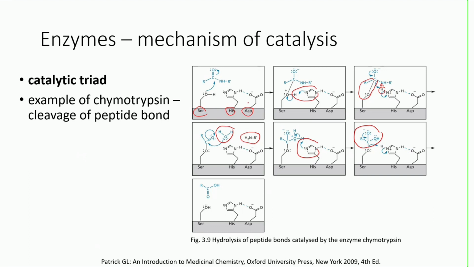You can see that aspartic acid creates a complex with the histidine, playing a role in the stabilization of the histidine in the binding site. So every amino acid has some specific role during this catalytic process, which was an example of peptide bond hydrolysis.